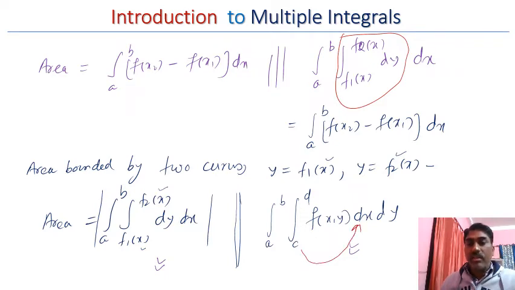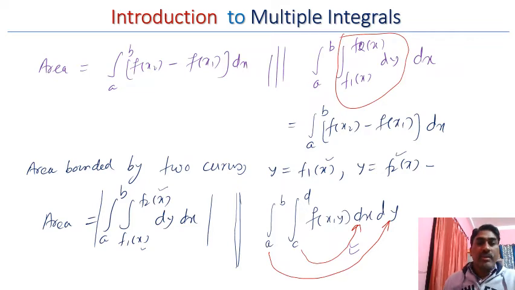Means the inner integral is c to d, so this limit is of x, and the outer integral is a to b, so this is the limit of y. So when integrals have constant limits, the order is followed, and when there is a variable limit, then there need not be any order following. But you can see that this limit is a function of x, so obviously this is the limit of y. If the limit is a function of x, this is the limit of y. If the limit is a function of y, this is the limit of x.